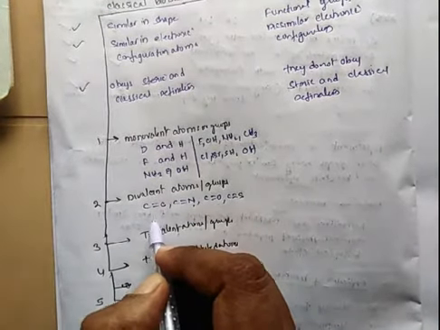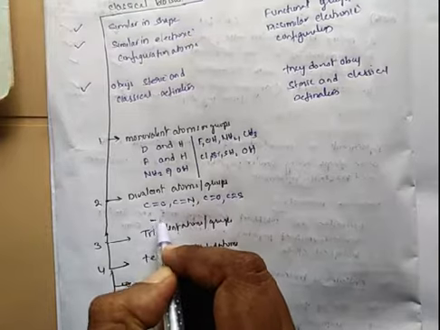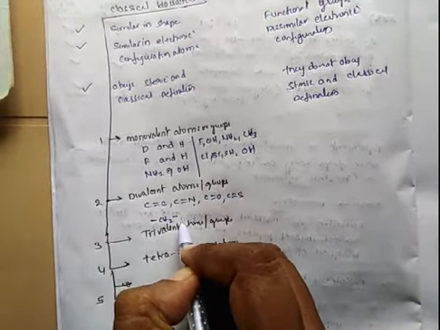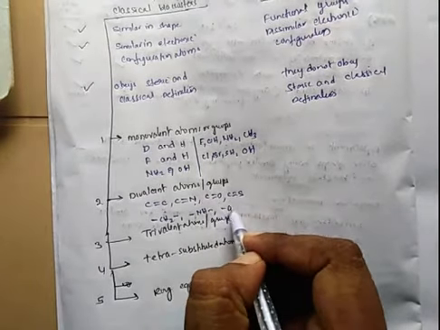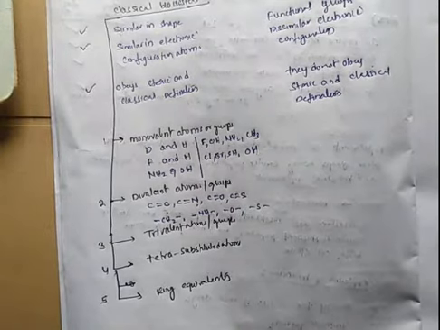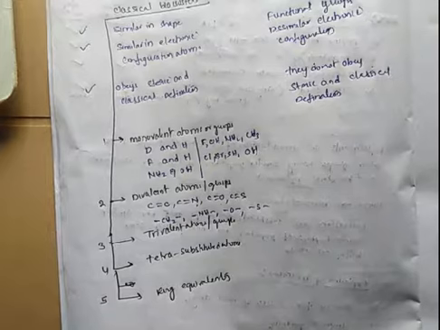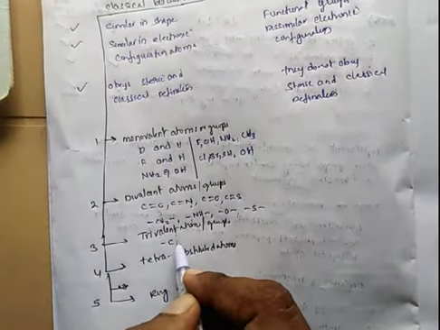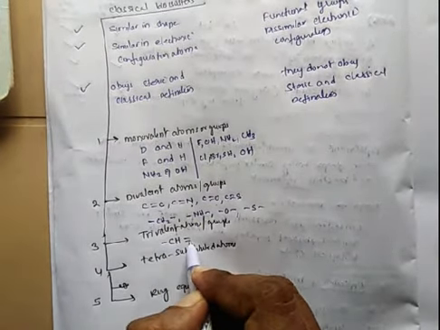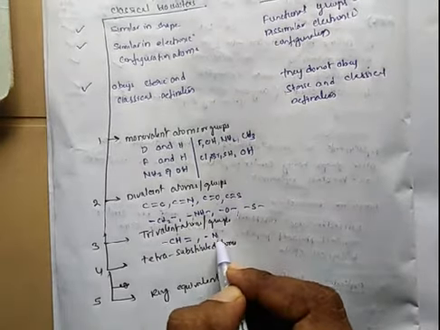The other set of divalent atoms or groups are CH2, NH, oxygen, and sulfur. These are the second set of examples of divalent atoms or groups. Coming to the trivalent, we have very few examples: CH double bond, N double bond.